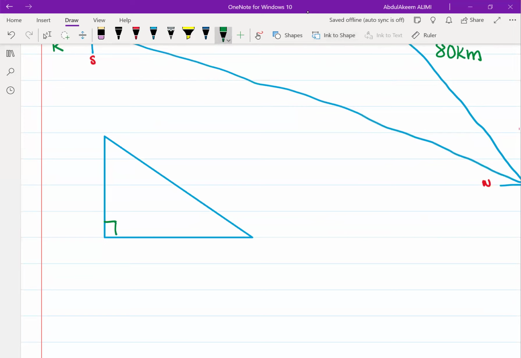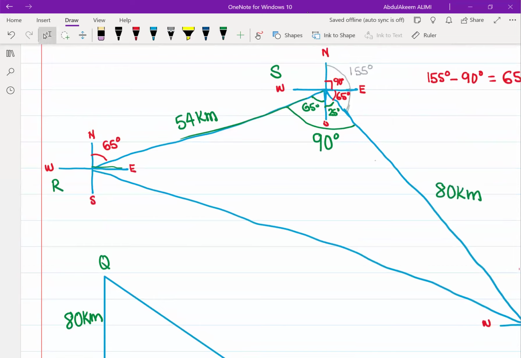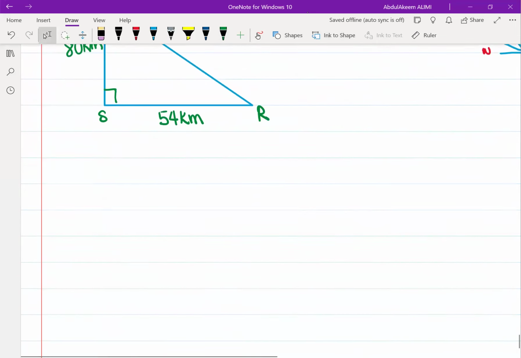This is 90 degrees, this is S, this is R, and this is Q. This is 80 kilometers, and this one here is 54 kilometers, according to the interpretation of what we have in the question.